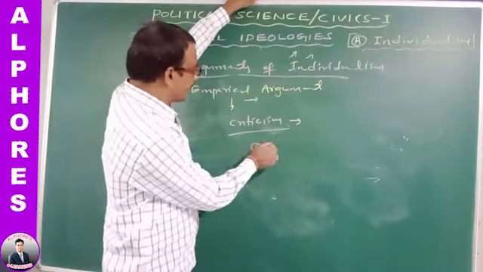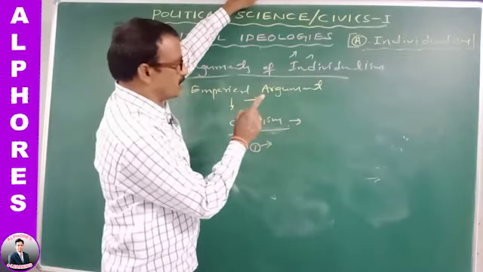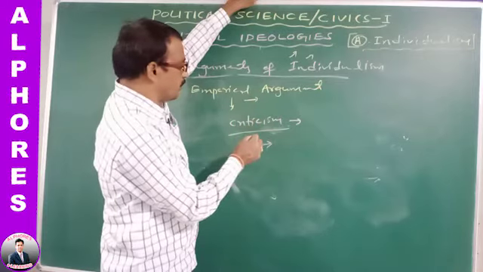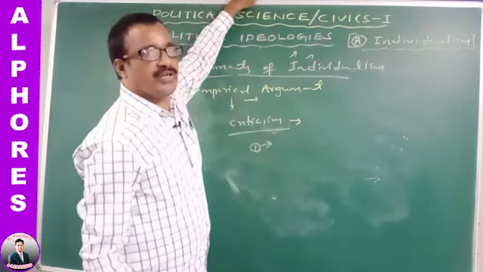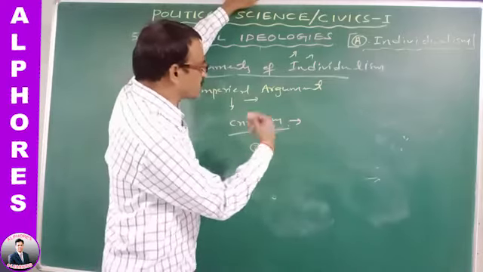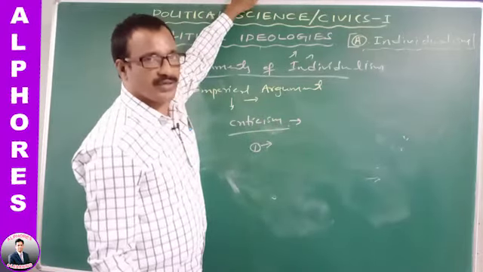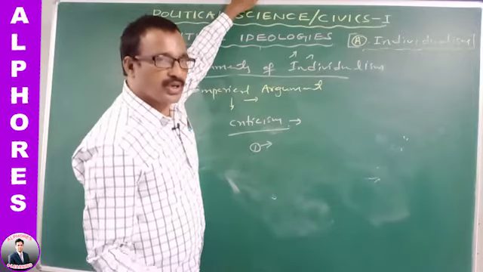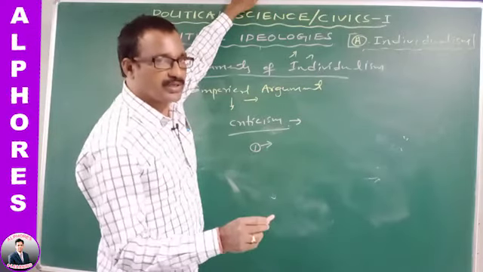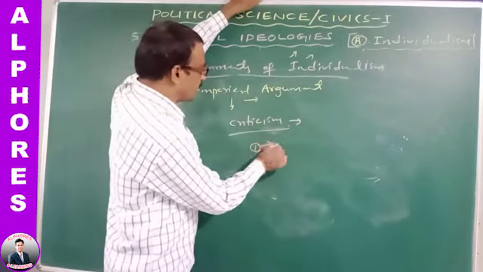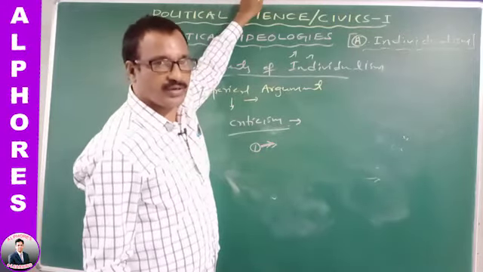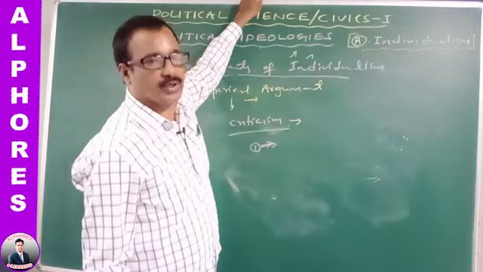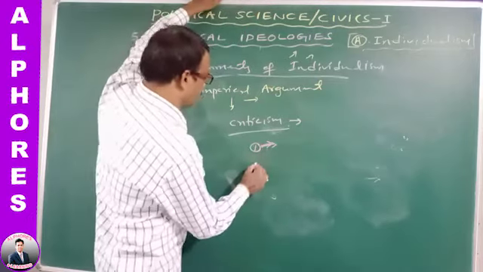Some critics regarded the state as not an evil institution. Individualists said that the state is an evil institution. Through laws, the state will curtail liberty, but the state will fight for the welfare of the people, for the sake of the individuals.